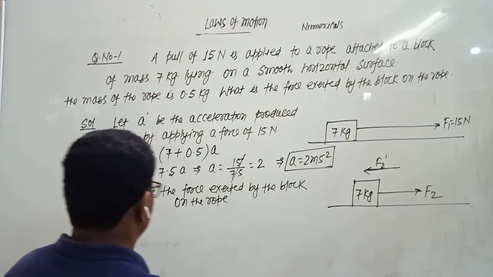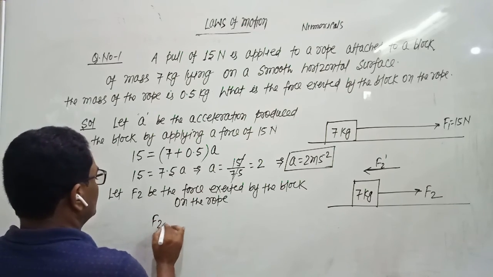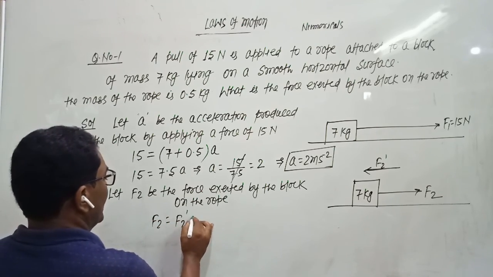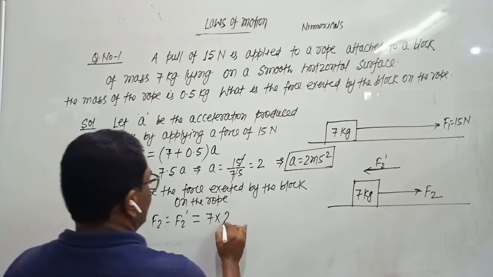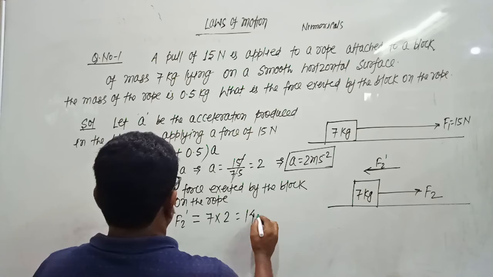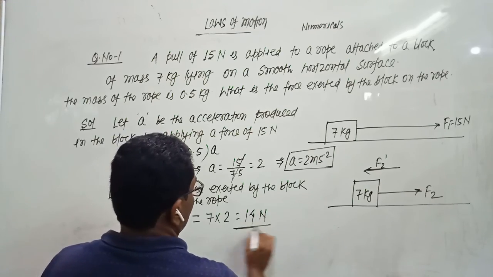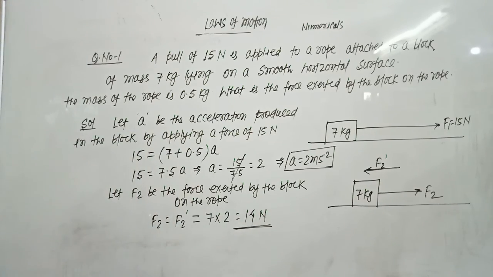So F2 equals F2 dash equals mass of the block 7 into the acceleration we have calculated, so the force comes to be 14 Newton. So the force exerted by the block on the rope is 14 Newton. The block will exert a force of 14 Newton on the string, and the string is exerting a force of 15 Newton on the block.